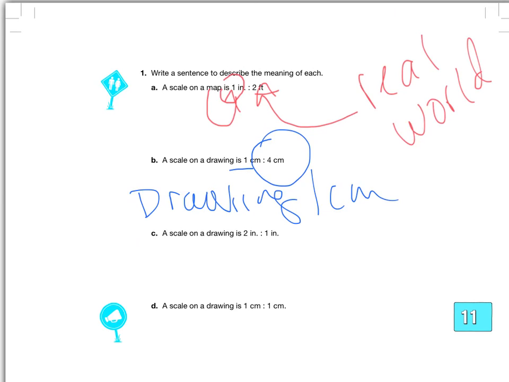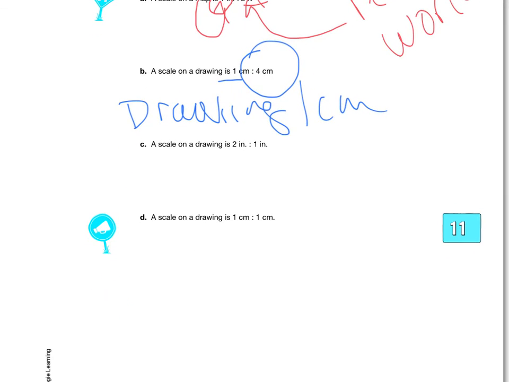So maybe you made a model of the room you want in your ideal world, and it's 1 centimeter. But in your real room, it's going to be 4 centimeters. So it's 1 centimeter in your model, 4 centimeters in the real world. Pause. Write it down in a sentence. Punctuation, capital letters. Make Mr. T proud.